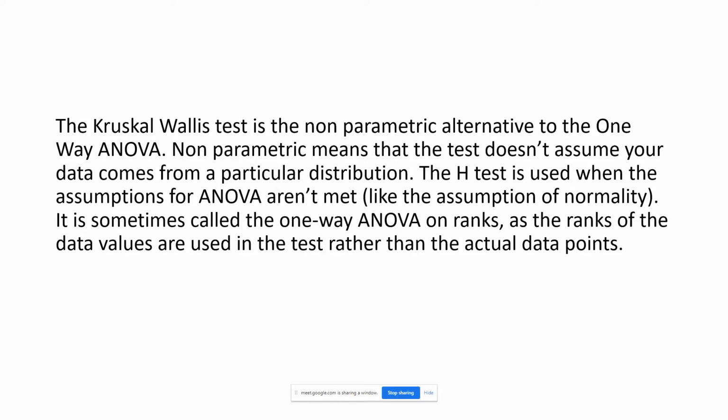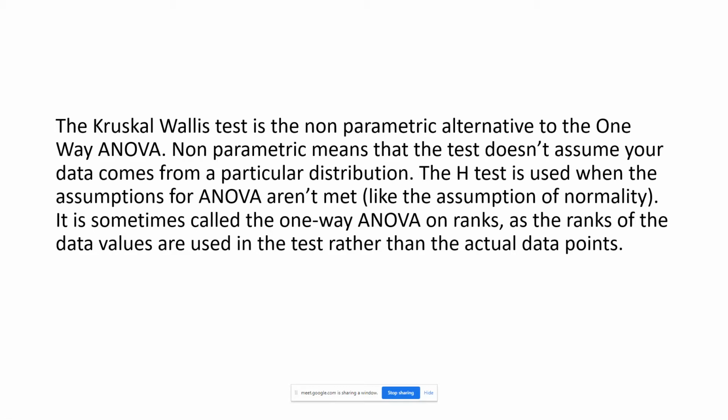It is sometimes called one-way ANOVA on ranks, as the ranks of the data values are used to test rather than the actual data points. So the Kruskal-Wallis test is one of the non-parametric tests that is used as a generalized form of the Mann-Whitney test.